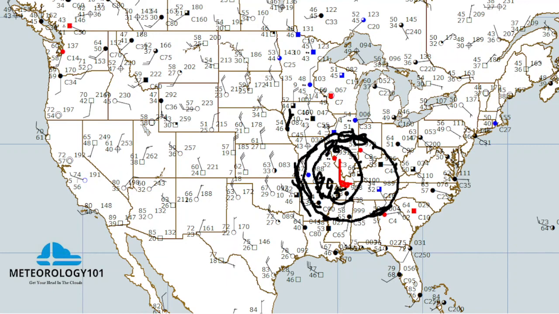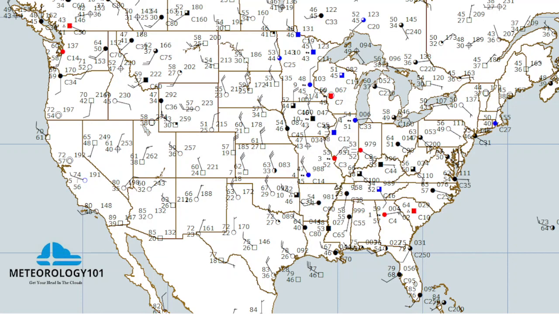That starts looking a little messy right there. Let's see if we could just do this. I don't know. All right, we had our low.